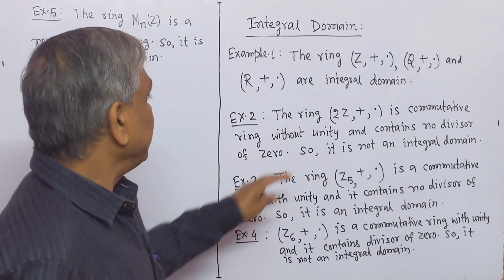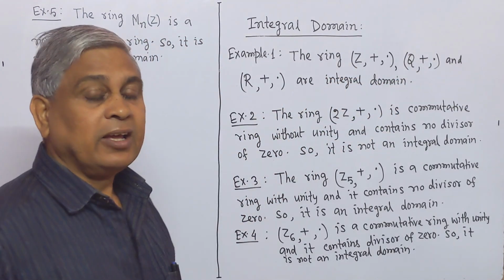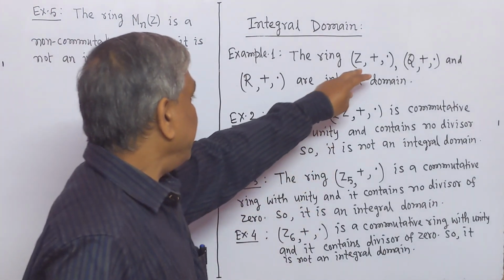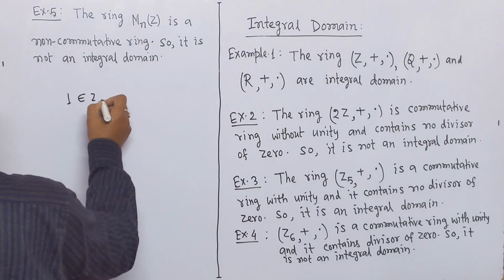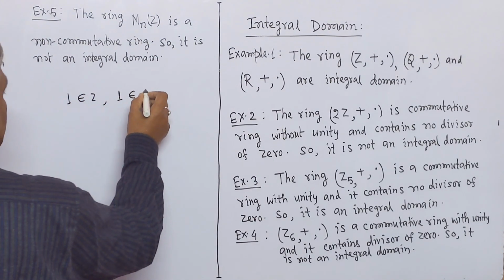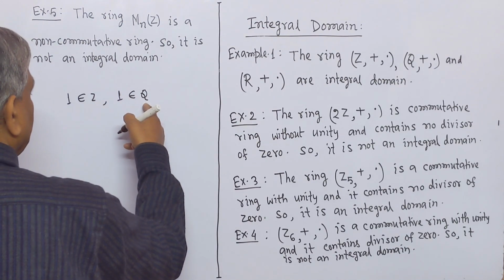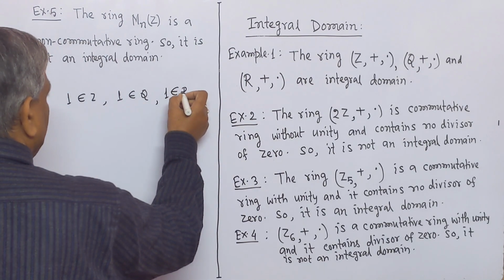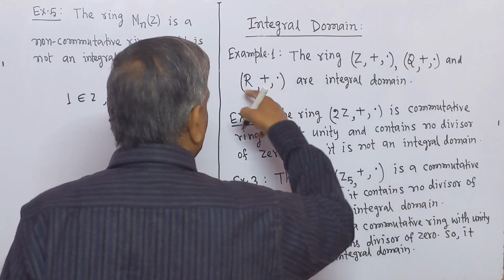Since we know that these are all rings. Now we see that unity 1 belongs to Z, also 1 belongs to Q, R: 1 is an integer, 1 is a rational number, and 1 is a real number.